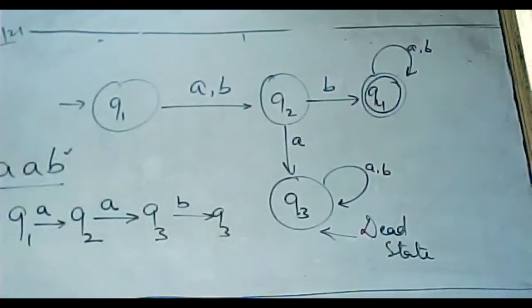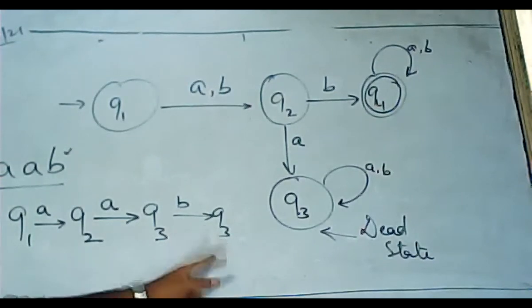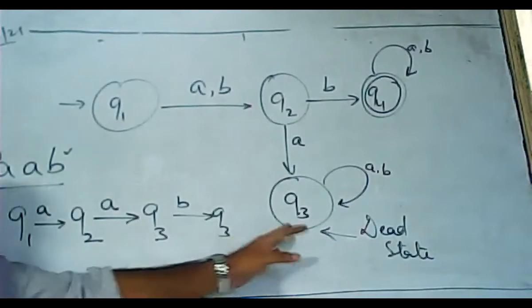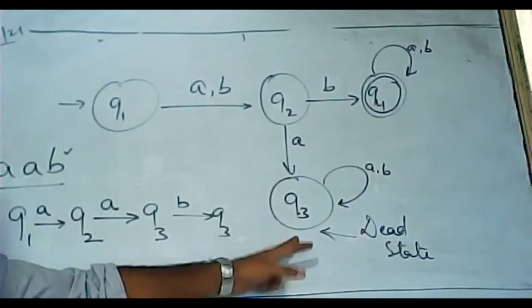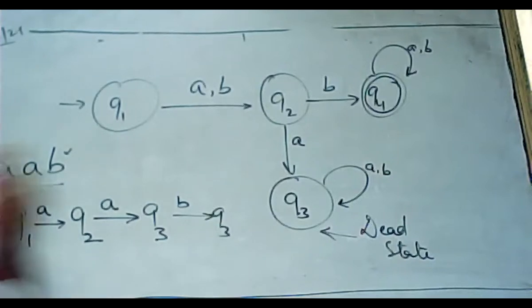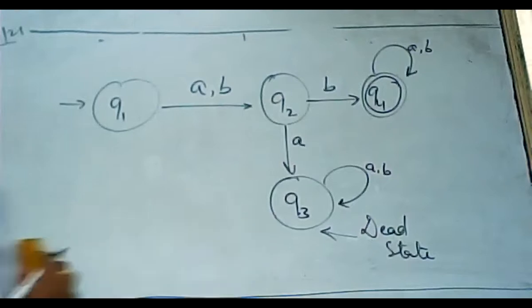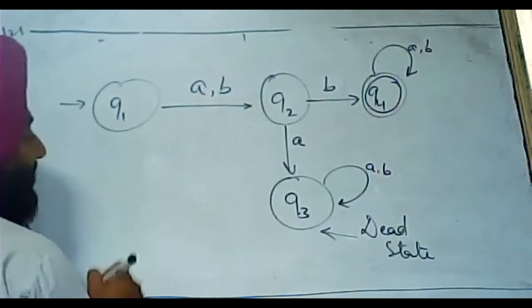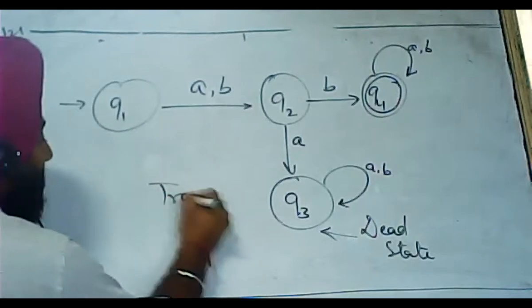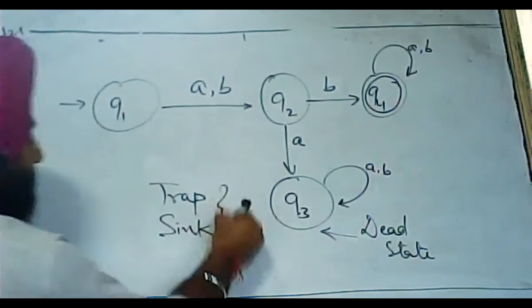After that, whatever symbol you are facing, it will take you to the Q3 state only. Now you have been trapped in the Q3 state. This means that Q3 is your dead state, or you can say trap state, or sink state.